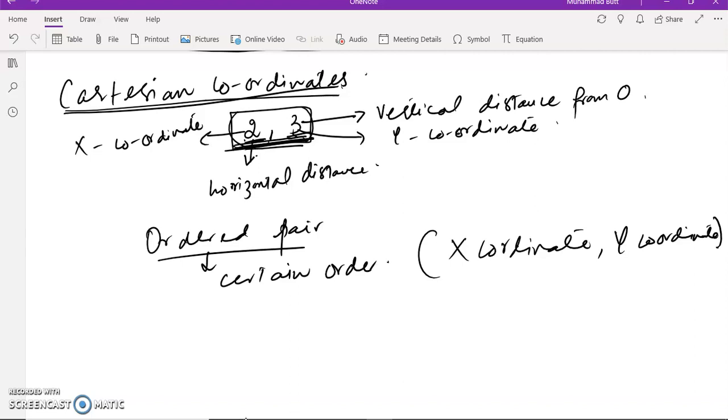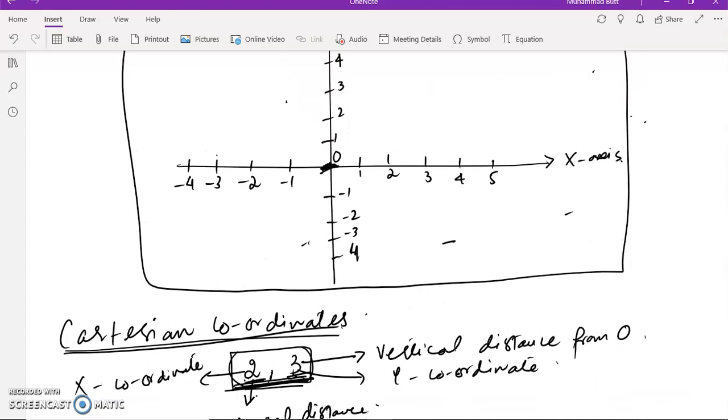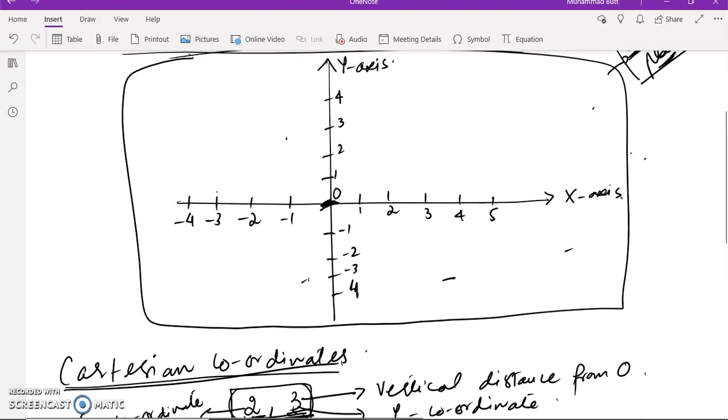As I have told you, 2 is the horizontal distance from O. It means that we are going to move 2 units to the right from O, so we move 1, 2 units to the right and then 3 units up, because this 3 belongs to the vertical distance from O. The y coordinate is the vertical distance, so 3 units up, 1, 2 and 3 over here. This is the location of the ordered pair 2 and 3.